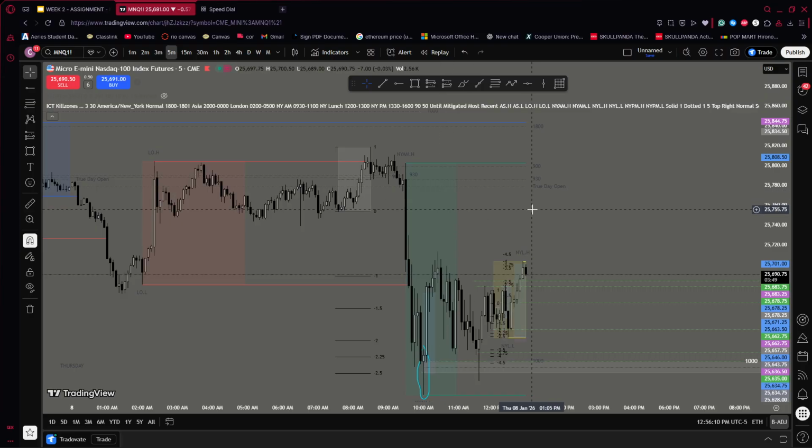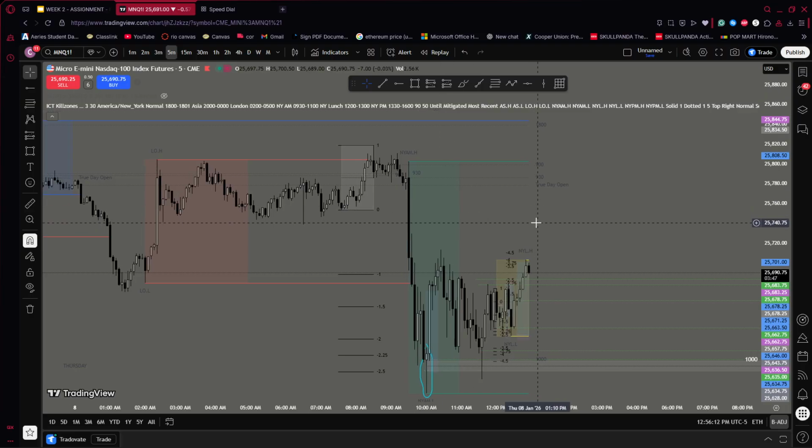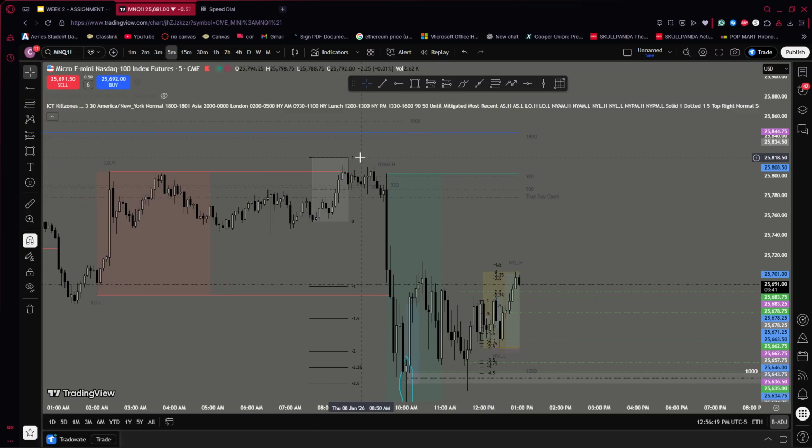manipulation. And for standard deviation, the most success you have for reversals is if you mark it on the manipulation leg. So as you see, this is the manipulation, the highest high that was made before the dump.